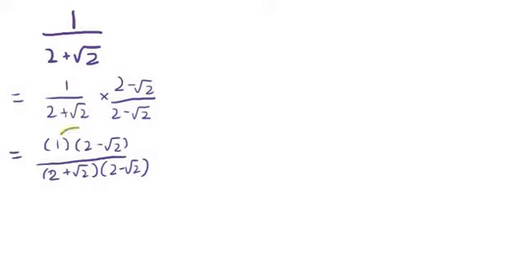The numerator is kind of obvious. 1 times 2 is pretty obviously 2. And then 1 times minus root 2 is also minus root 2.